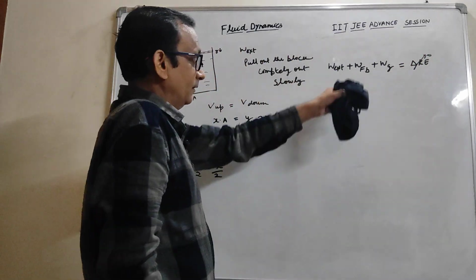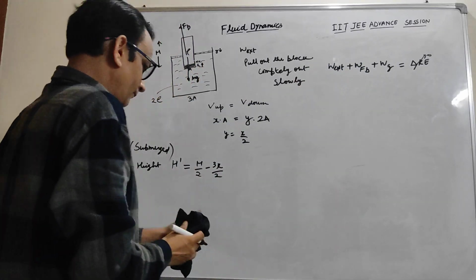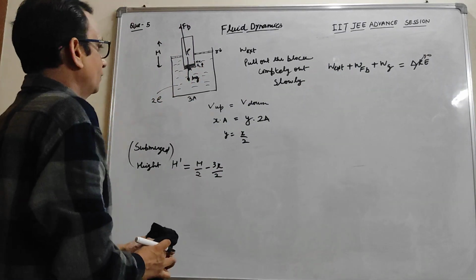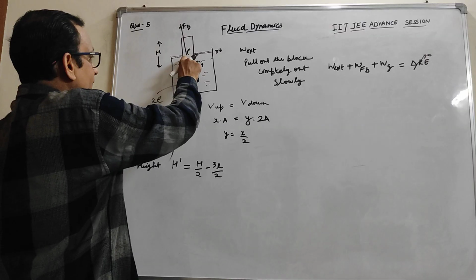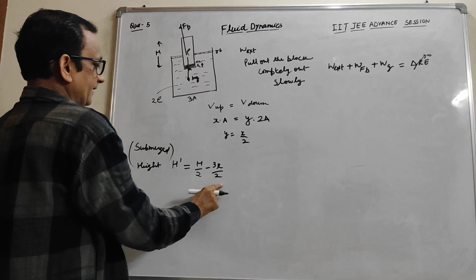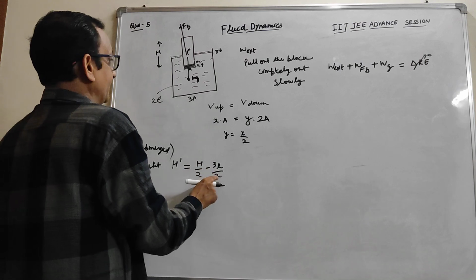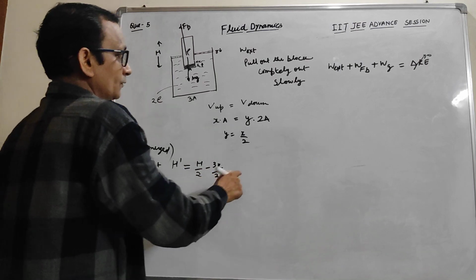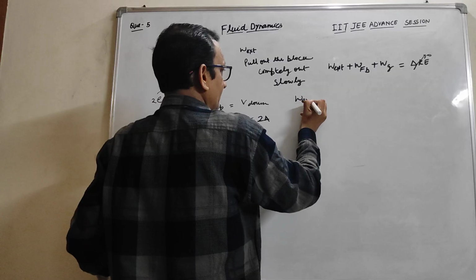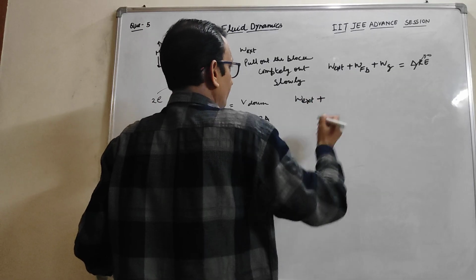The work is performed very slowly. The buoyant force acts only over this height, which is not h by 2 but h by 2 minus 3x by 2. So we write the work done by the external agent and the work done by the buoyant force.